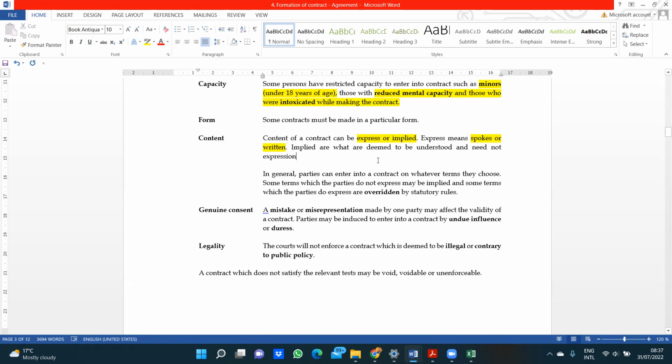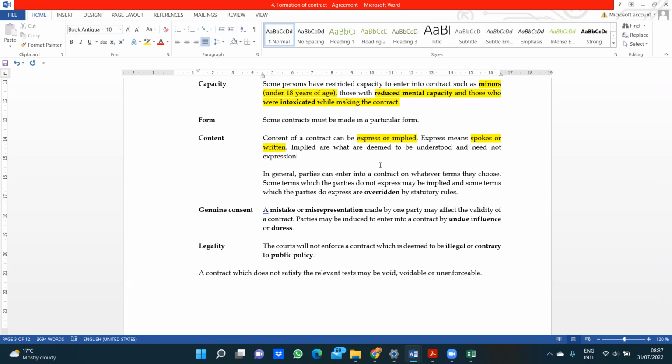An example of implied terms is that even if you enter the contract and you have the express terms, the implied terms are the law which governs the area under which you are entering the contract. These are the general laws that you as a citizen need to be aware of. For example, you enter an employment contract, you are legally bound with the company.